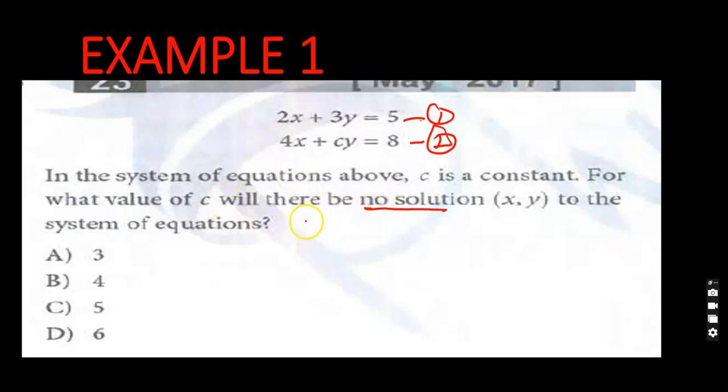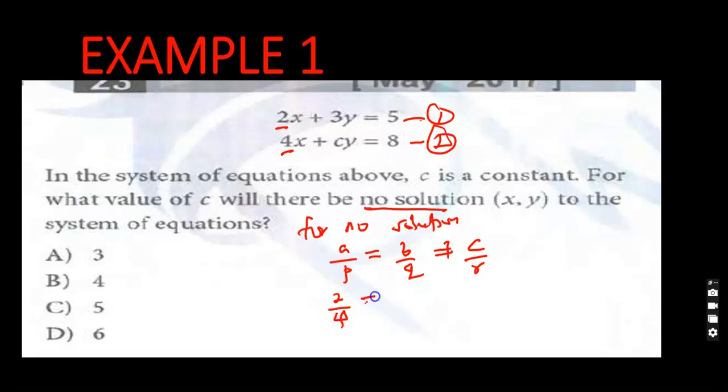Don't forget, for no solution, the condition is a over p equals b over q is not equal to c over r. So our a in this case is 2, our p is 4, equals our b, which is 3, over our q, which is c, is not equal to the constant, which is 5 over 8.